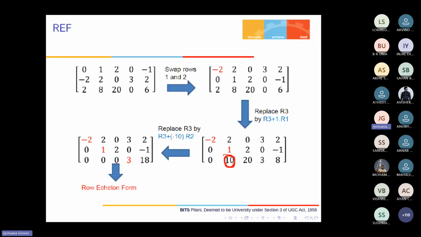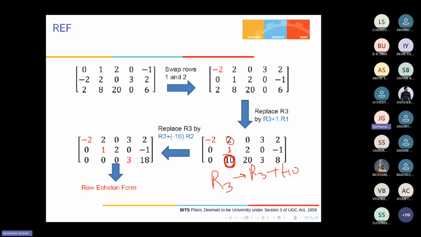R3 is R3 minus 10 times row 2. Yes, R3 plus minus 10 of R2. You cannot say R3 is R3 minus 5 of R1.